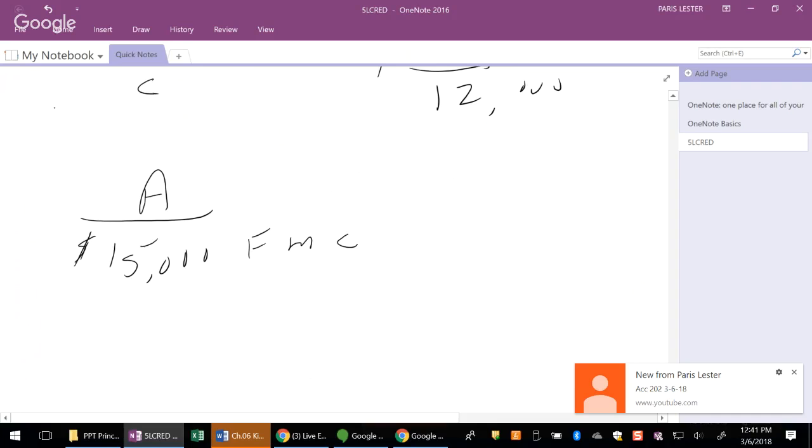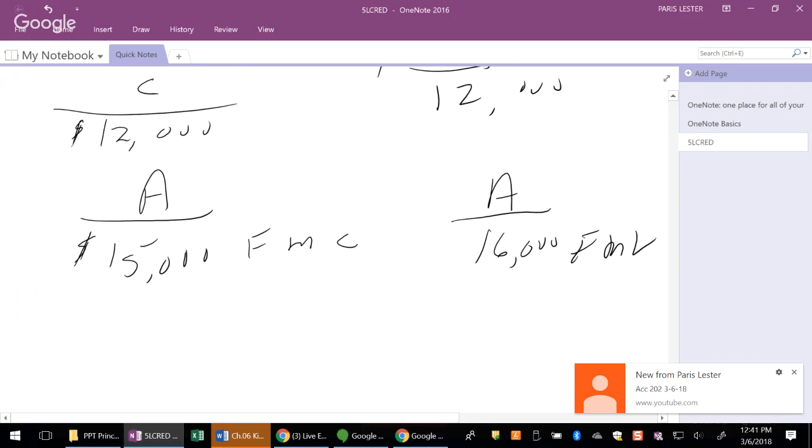Its basis for depreciation after depreciation was $12,000. Now we trade this for an automobile. It doesn't matter what the seller paid for it, with a $16,000 fair market value.